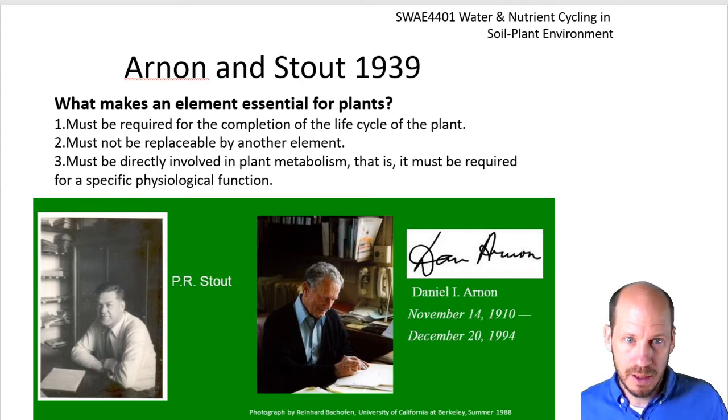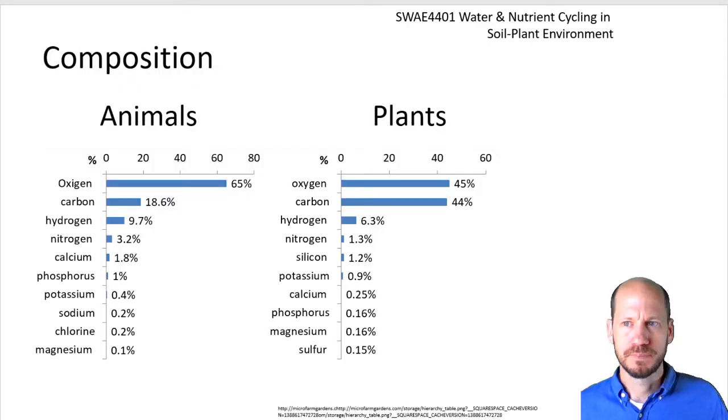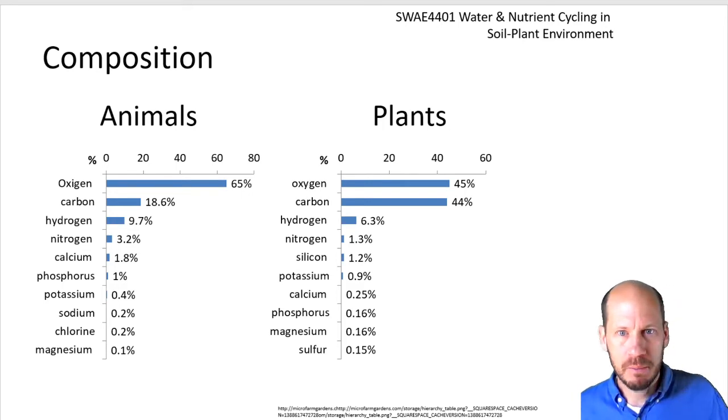It does not mean that some nutrients cannot be useful or important for plants, but in some situations they are not considered to be an essential nutrient. Okay. So here we have the composition of animals and plants.